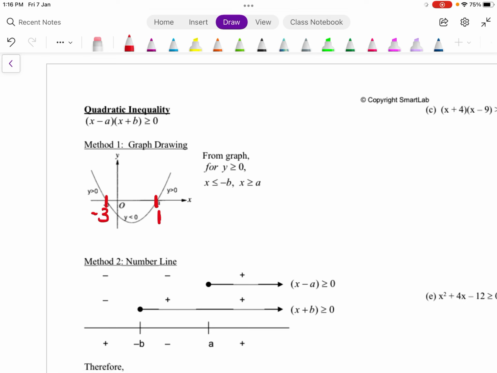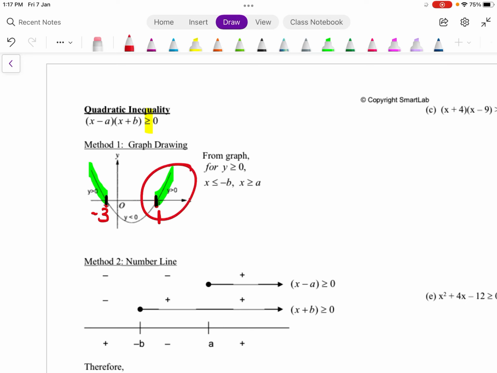Okay, next thing, I need to look at which part of the graph I am looking at. If you look at the inequality, it wants us to have something more than 0. More than 0 means you're above the graph. Let us take a look at this one first.